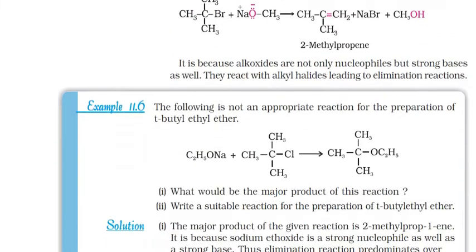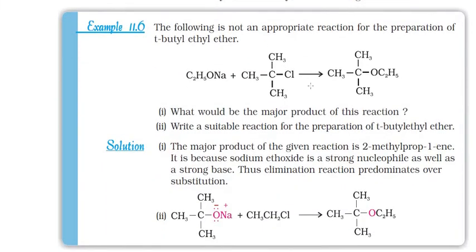Now we are moving to example 11.6 of your textbook, and it says: the following is not an appropriate reaction for the preparation of tertiary butyl ethyl ether. See, the reaction is given, and it has taken C2H5ONa.